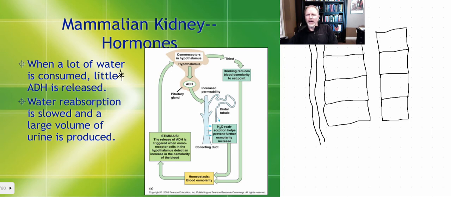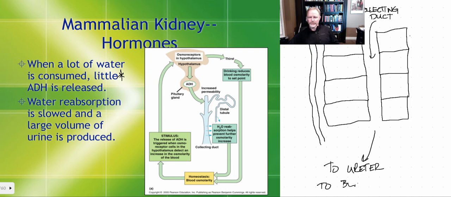And then this here would be the collecting duct. So this is the collecting duct right here, okay? And this is going to move out into the ureter, and then to the bladder.